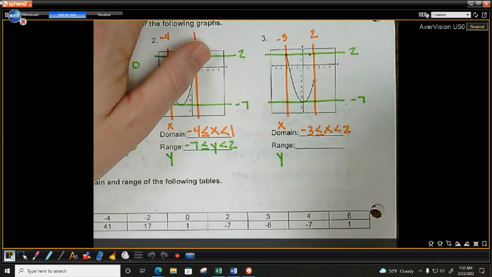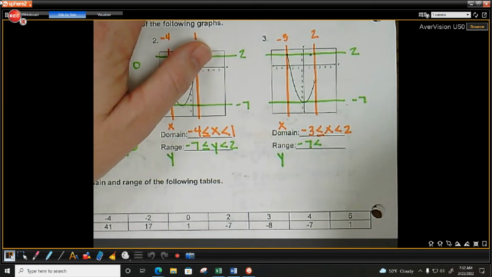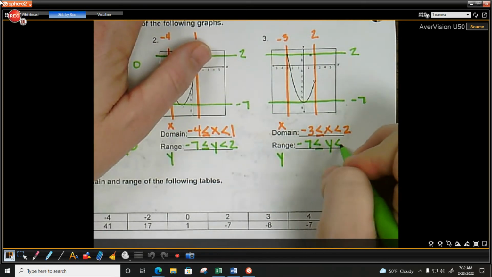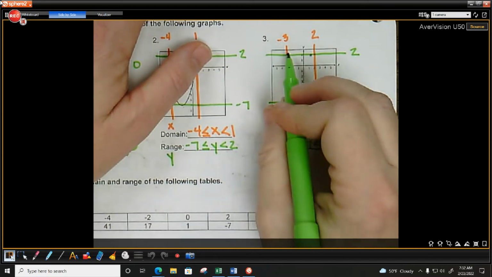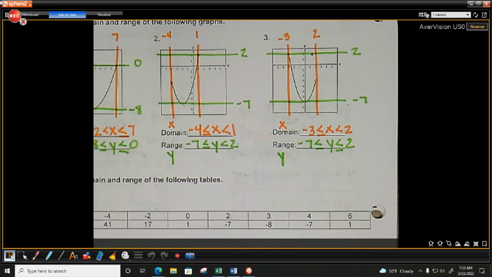So -7 less than, do I put an equal to line? Yes, because there's not an open dot. Y less than, what's the top number? 2. Do I put an equal to line? Yes. Good? How do we feel? Good?